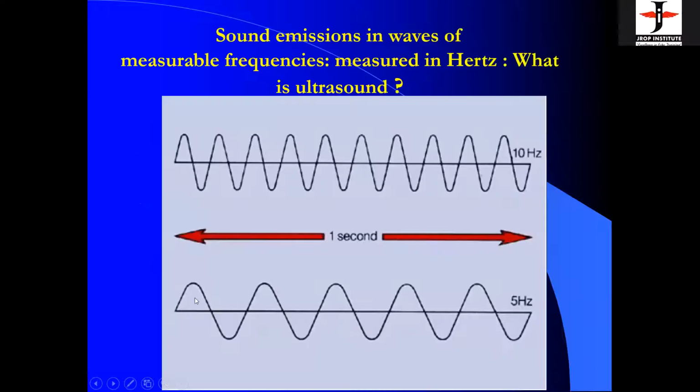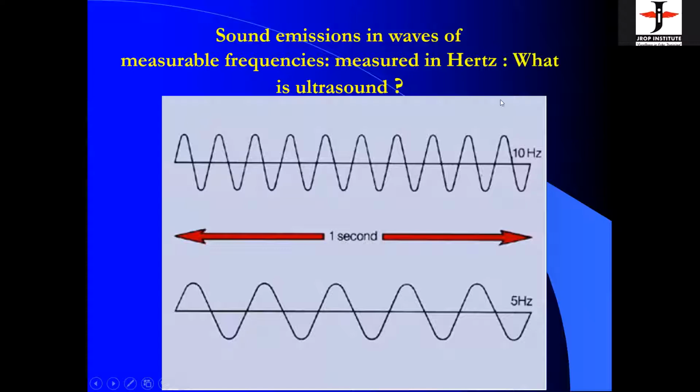Now, sound waves travel in certain frequencies, and one cycle per second is equal to 1 hertz, as you must have heard, for example, 2.5 megahertz. For example, here you see 1, 2, 3, 4, 5 waves, so that is equal to 5 hertz.